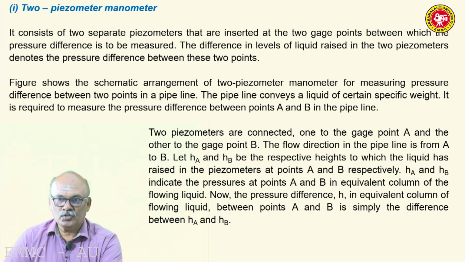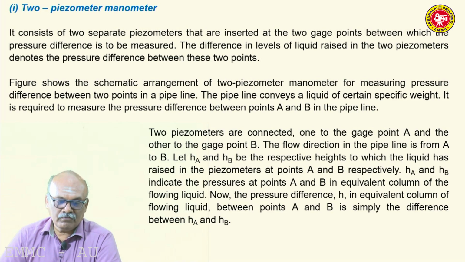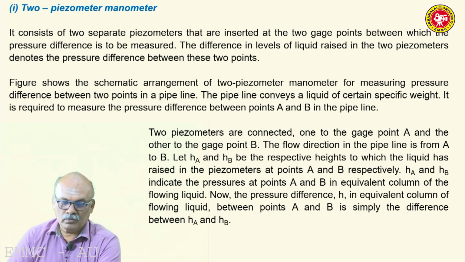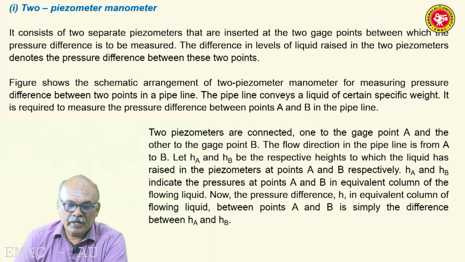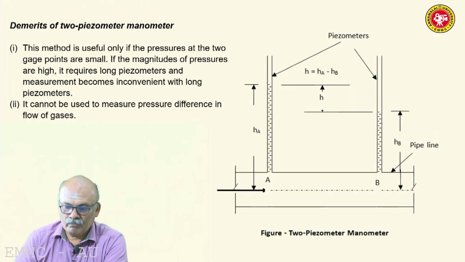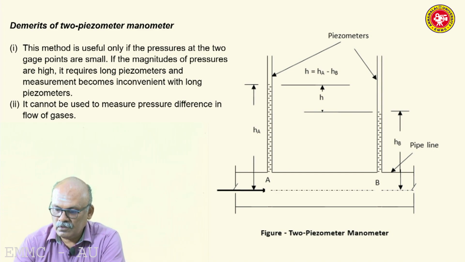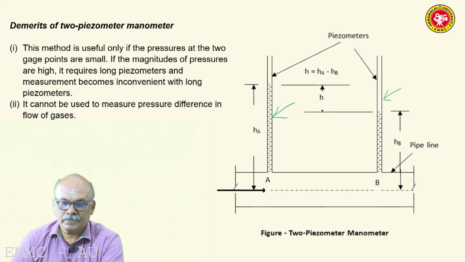The first one is the 2 piezometer manometer. It consists of 2 separate piezometers. Piezometers we discussed in the previous module as the simplest form of manometer, which can be used to measure the pressure at the gauge point. So this is one piezometer, this is another piezometer.